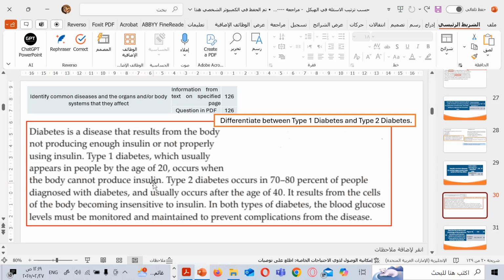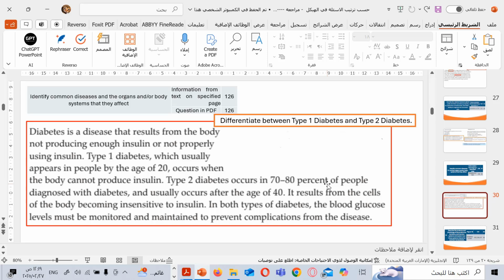Okay, this is type 1. The body cannot produce insulin. But type 2 happens from 70 until 80 like that. This is in the 20s and this is in the 70s and 80s.